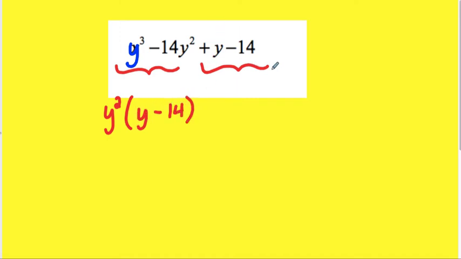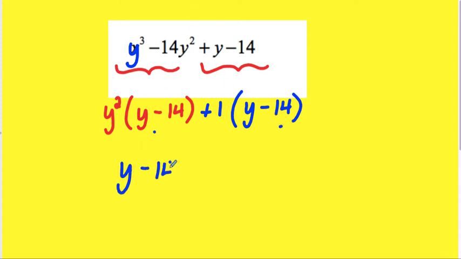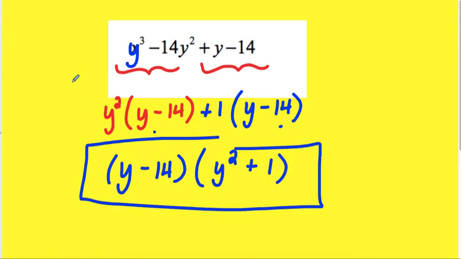My other term is y minus 14, so this was a situation where you had to factor out a positive 1. If they're exactly the same, I'm going to pull out a positive 1. Now that y minus 14 has become the GCF, I pull it out to the front in parentheses, and I'd be left with y squared plus 1. And then I've factored by grouping.